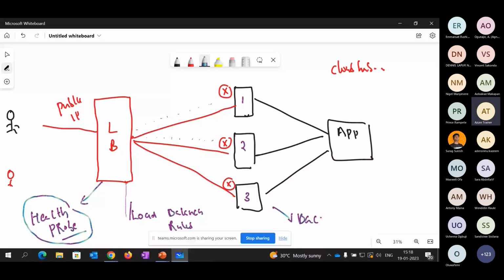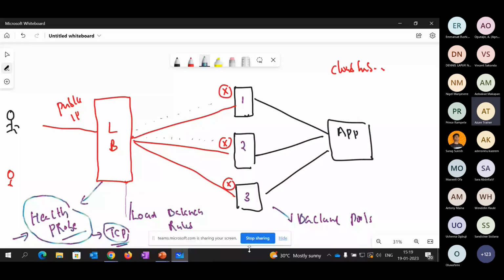Whatever servers are currently part of your backend pool, their health is defined by the health probe. So the LB will use the health probe at frequent intervals. Microsoft will do a TCP handshake with all the servers to ensure that all the VMs participating in the backend are healthy.